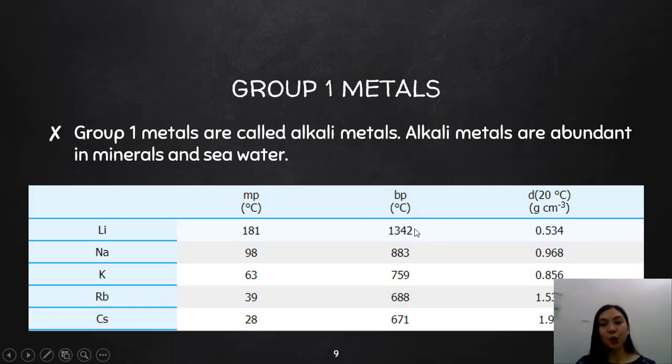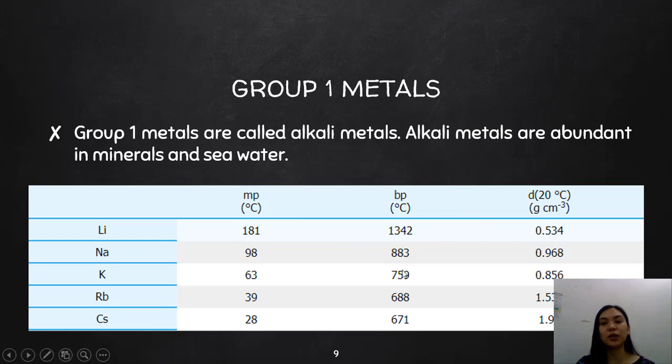So these are the different properties of the following metals. As you can see, MP will stand for your melting point, BP is your boiling point, and D here will stand for your density, particularly taken at 20 degrees Celsius in the unit of grams per cc. So you can see it here, right? As you go down the trend, the boiling point decreases. Same is true, or rather melting point.